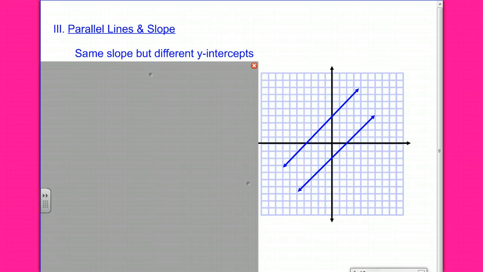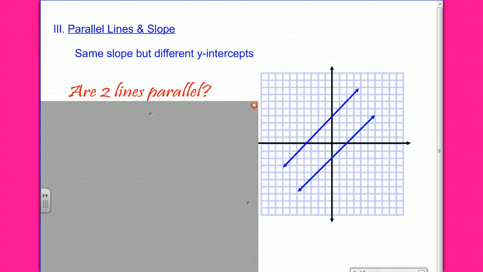So if you were asked whether two lines are parallel, you could use slope-intercept form. If it was on a graph like this, you would just look at it and say, oh yes, they are, right? But if it was just in the form of an equation, that's not as easy to see unless you have them both in slope-intercept form, right? If you do, what will you notice about parallel lines in that form? You're going to check their what?